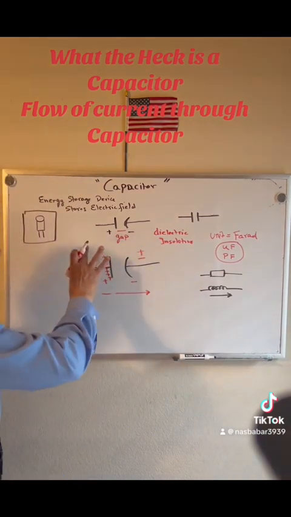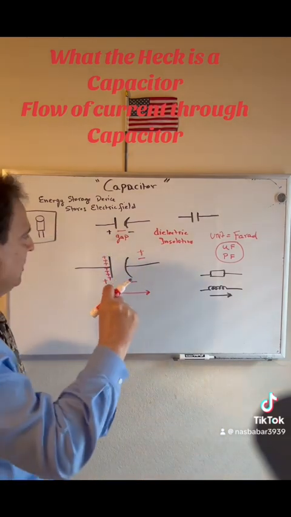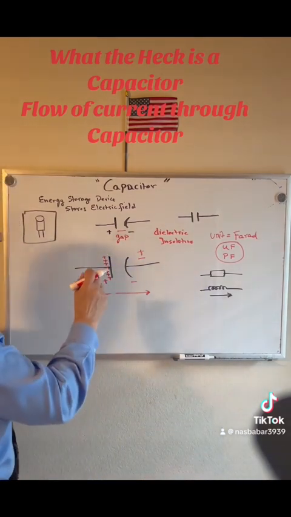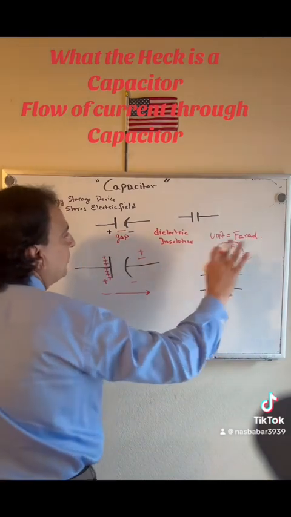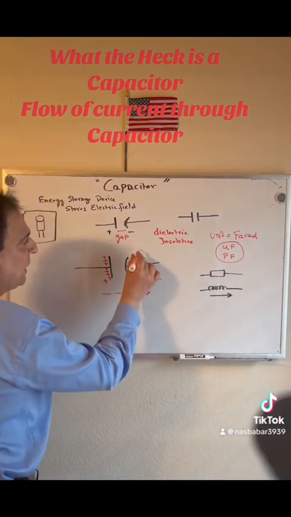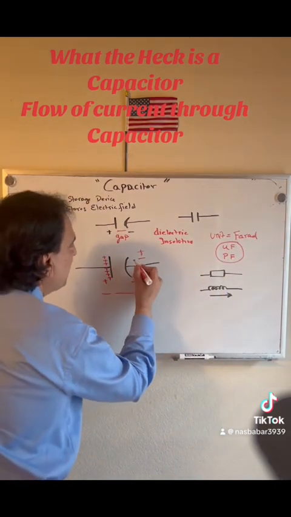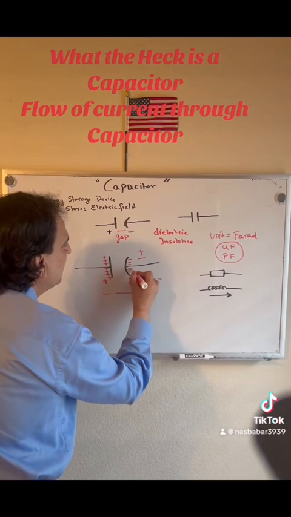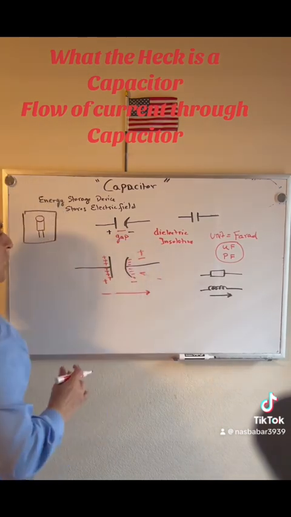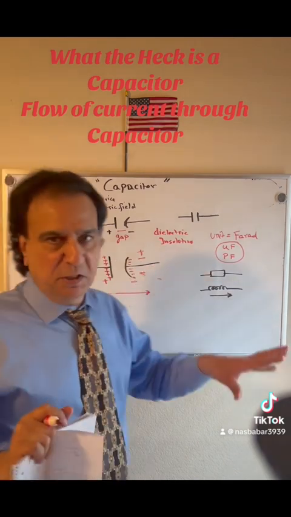This positive charge becomes so powerful that it repels the positive charge on the plate on the right and pushes it out. So all you're left with is negative, negative, negative charge over there.